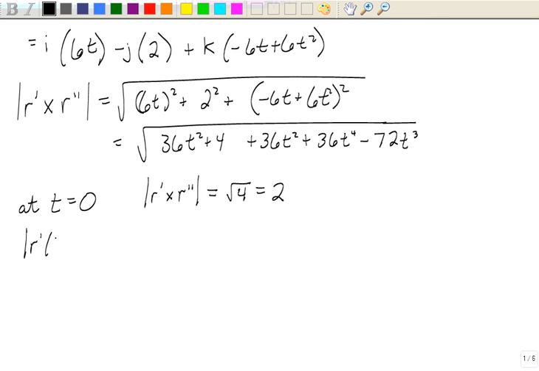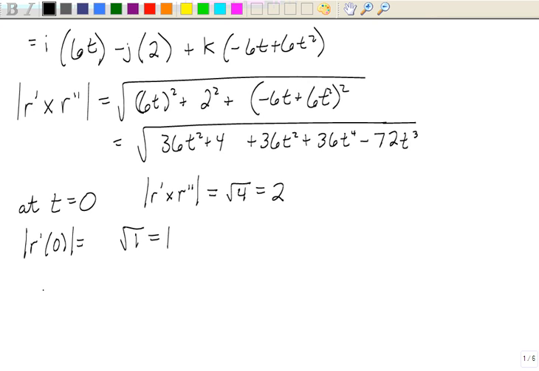And the magnitude of r prime of 0 is the square root of 1, which is 1.